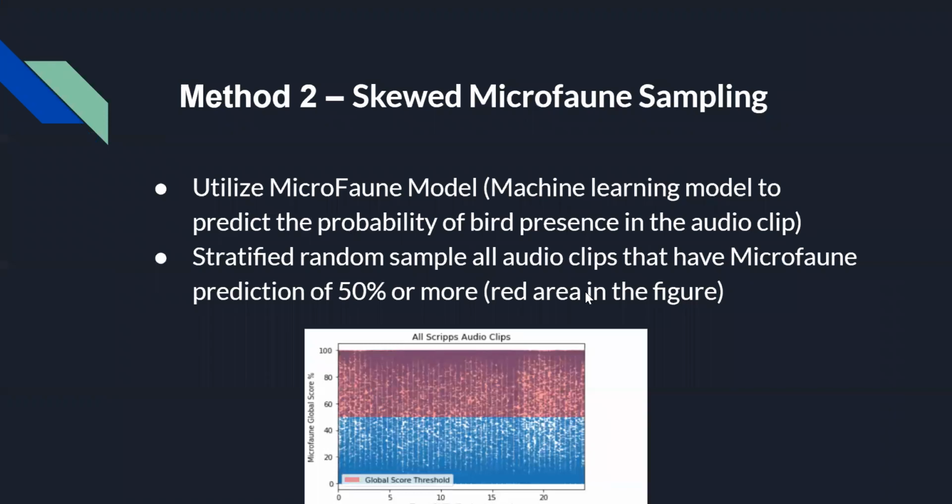So we have 24 hours and 10 audio mods, so we could generate 240 audio data. The red area in this graph describes all the data that have a global score bigger than 0.5, which means there is more than a 50% chance that bird vocalization appears in this audio clip.